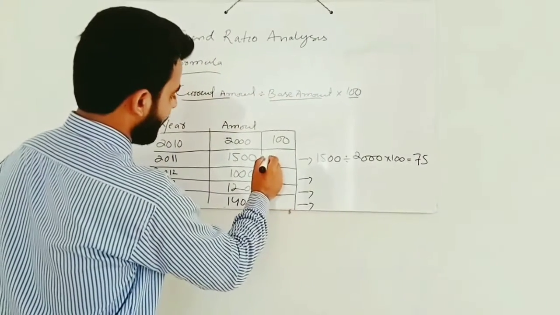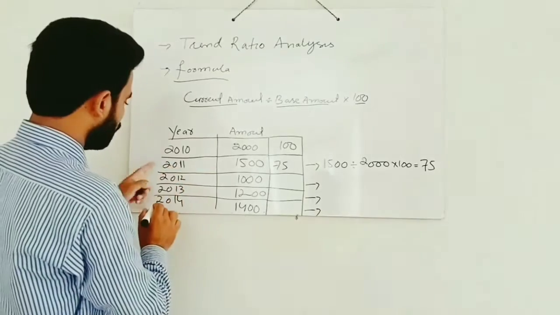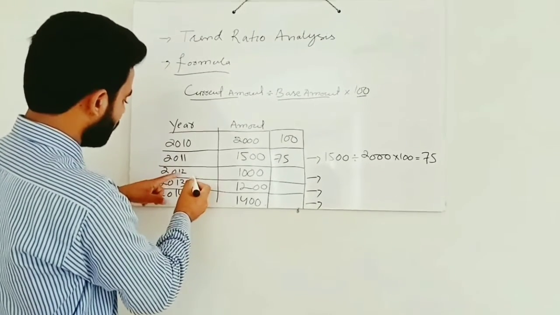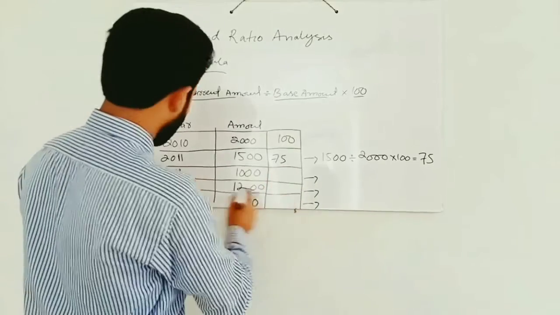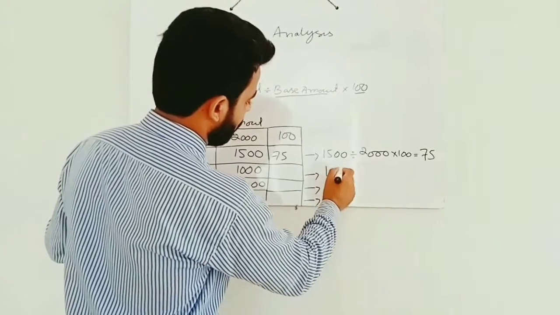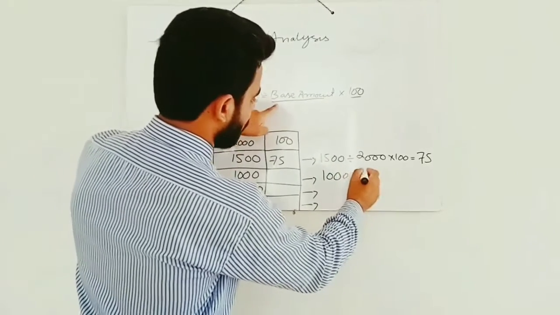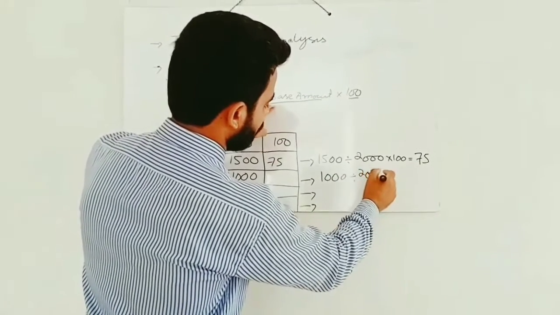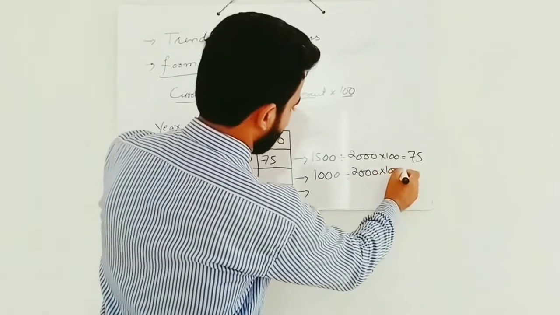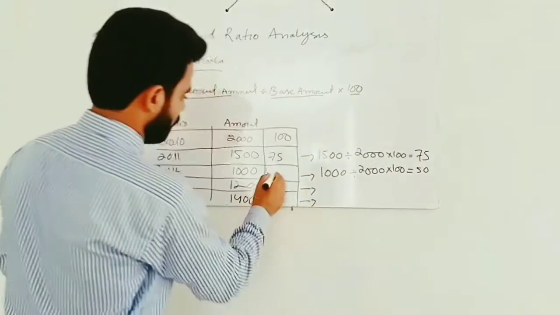So the 75 will be trend ratio of 2011. Now we can calculate 2012 in the same way. In 2012 we have amount of 1000 divided by base year amount, which will be the same 2000, and multiplied by 100. The answer will be 50.